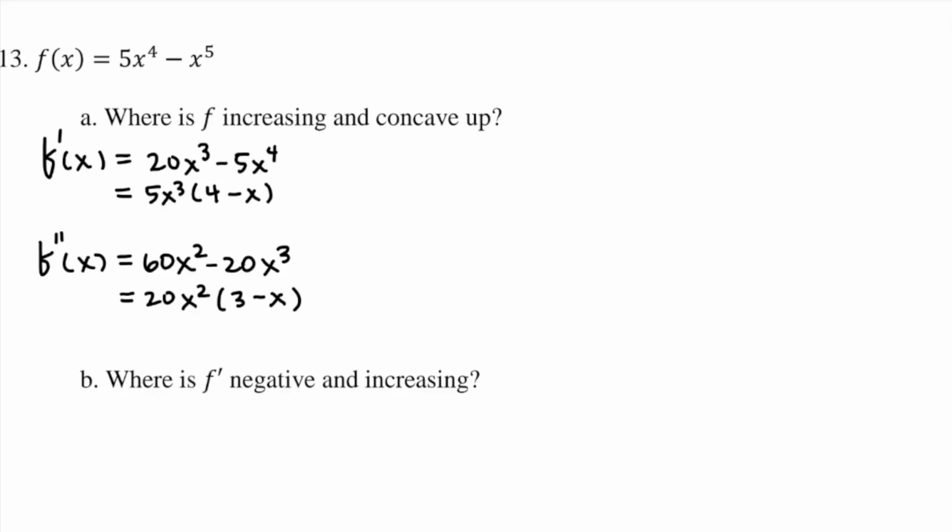Great. I think I need to make a sign chart at this point. On this one, I'll be interested in 0 and 4. I'm going to make a parallel sign chart, putting 0 at the same spot, but maybe putting 3 right here.